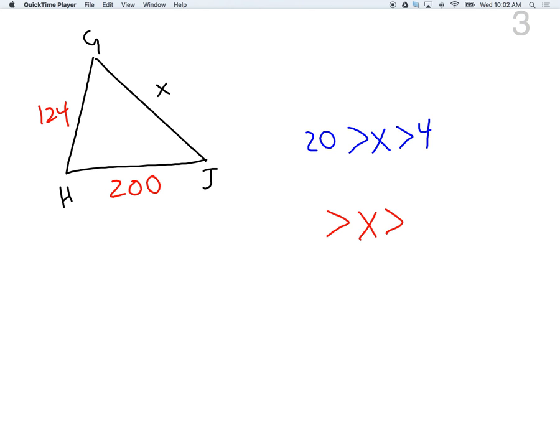It's got to be greater than 76, but less than 324. Everybody in agreement? Yes. Well done.